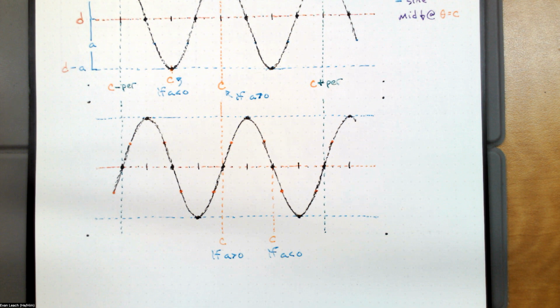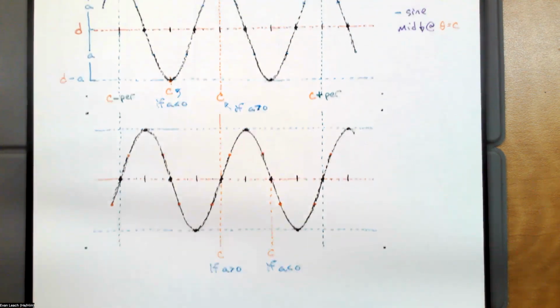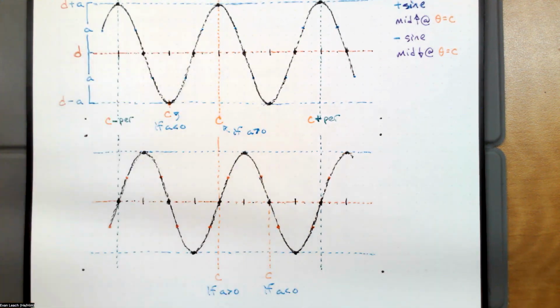Now we might look at this and think, hang on, aren't the cosine and sine just horizontal shifts of each other? If I take a cosine and horizontal shift to change the value of C by a quarter of a period, won't I end up with the sine? And the answer is yes, they're the same. You can shift a cosine into a sine.